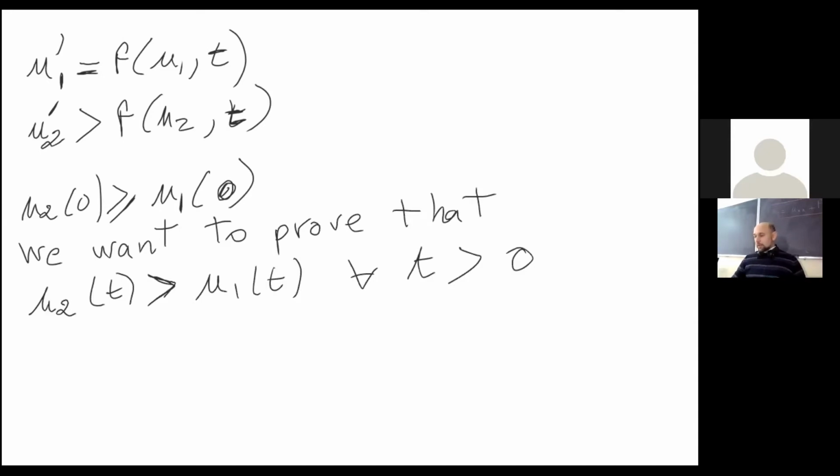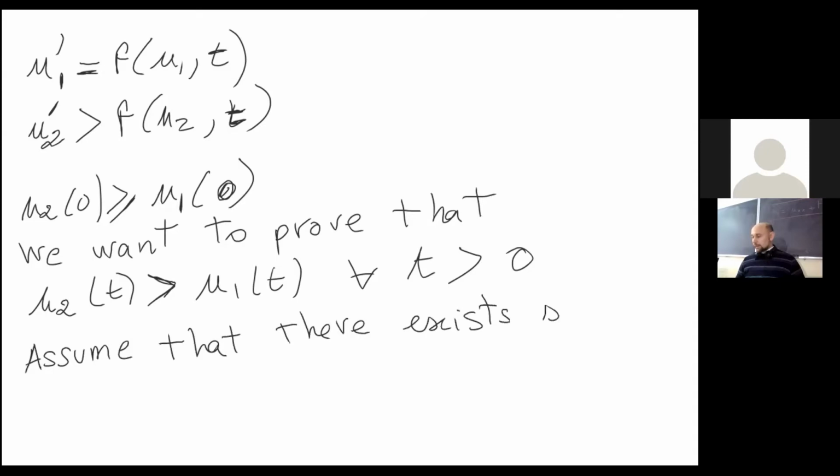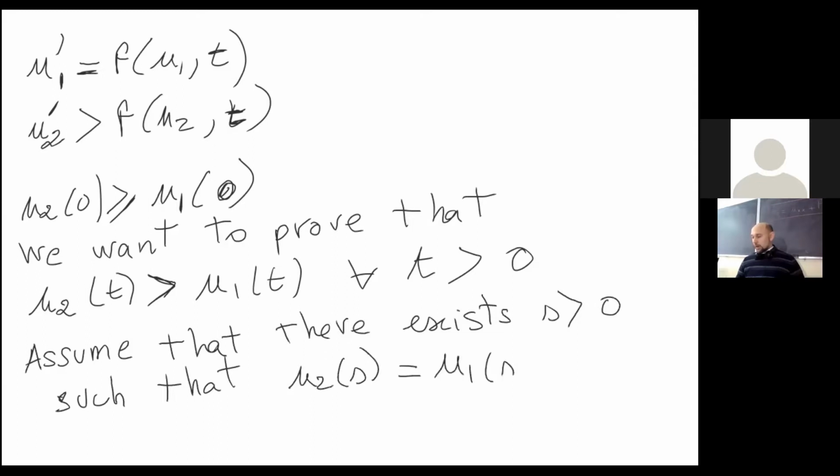Okay, and so assume that it is not true. So if it's not true, assume that there exists s greater than 0 such that the equality holds, meaning that u2 of s equals u1 of s. All right.